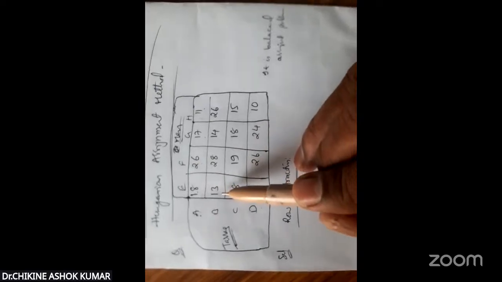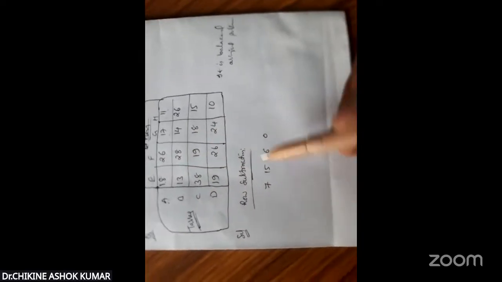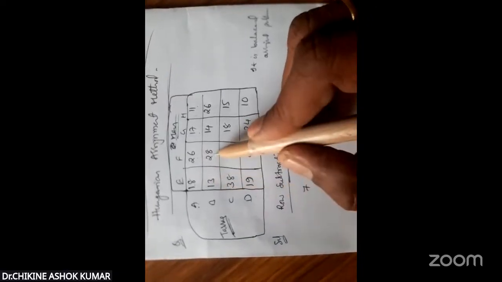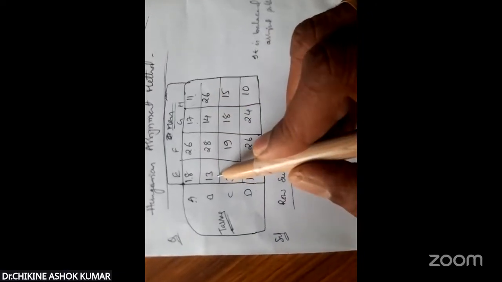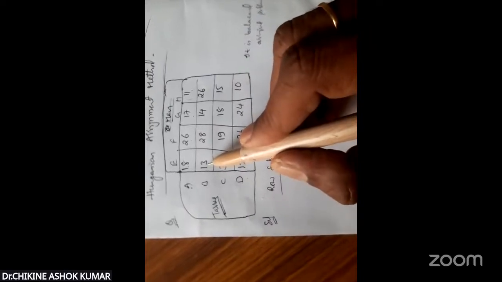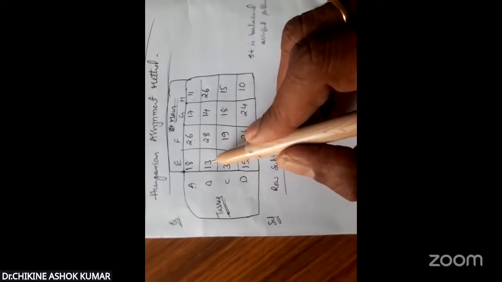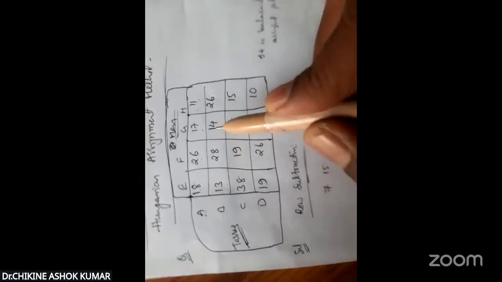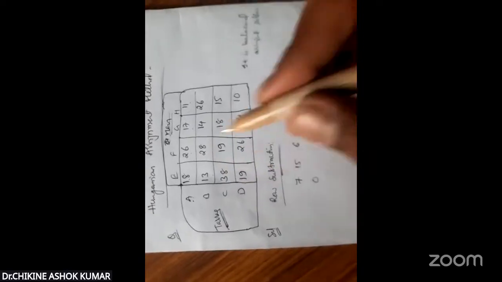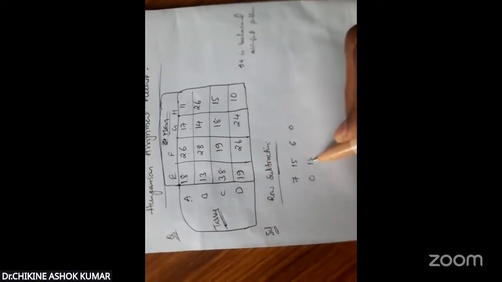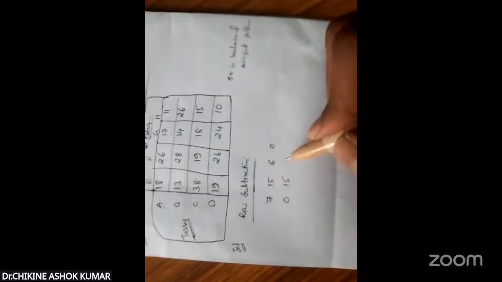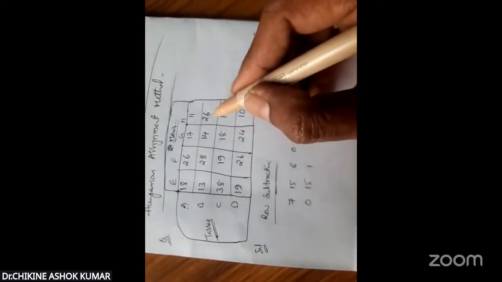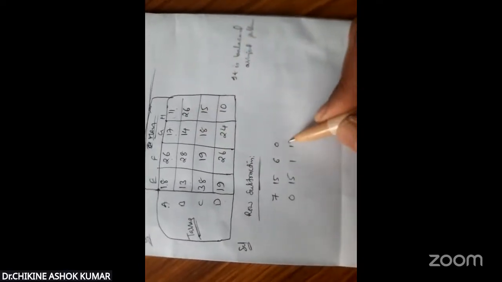Next, similarly apply this procedure row wise for the remaining rows. 13, 28, 14, 26. Which is the least? 13 is the least. So select this 13 and subtract it from the elements of this second row only. 13 minus 13 is 0, 28 minus 13 is 15, 14 minus 13 is 1, 26 minus 13 is 13.